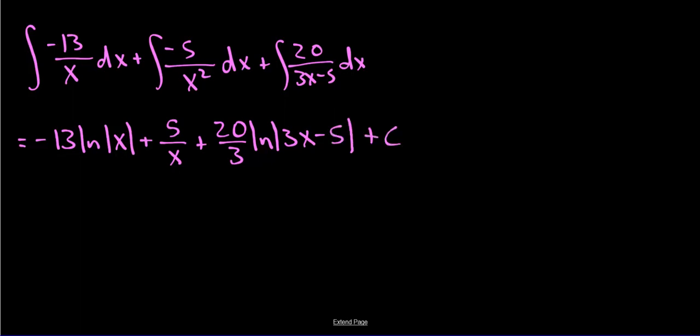Okay, that was a substitution problem. If you let u be 3x minus 5, you could work from there. Or you could just realize, well, that's linear in the bottom, so it's just going to be the log of whatever that is divided by the derivative of whatever that is. Yeah, there it goes.